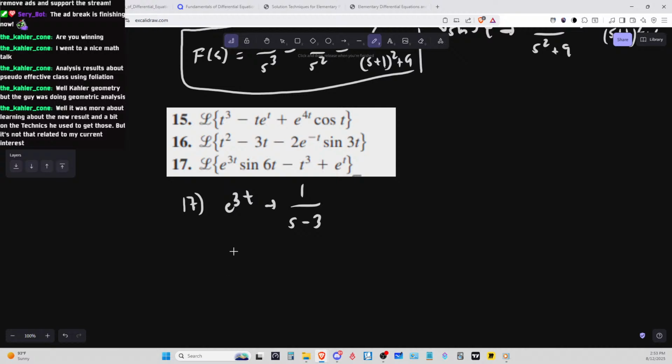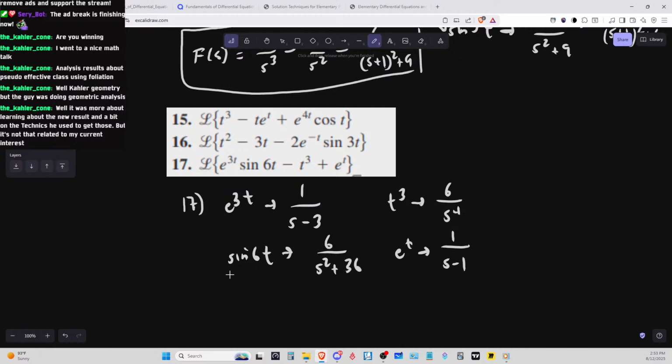And then we have sine 6, and that will become 6 over s squared plus 36. And then we have t to the third, which will turn into 6 over s to the fourth. And then we have e to the t, which will turn into s minus 1.